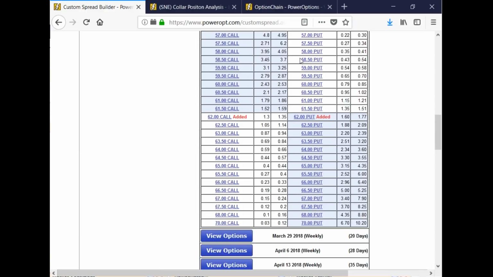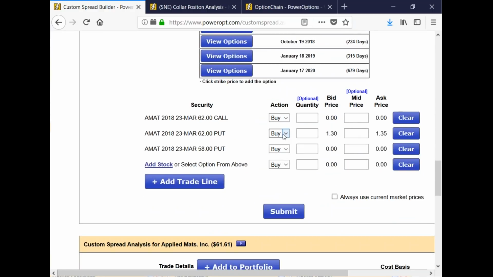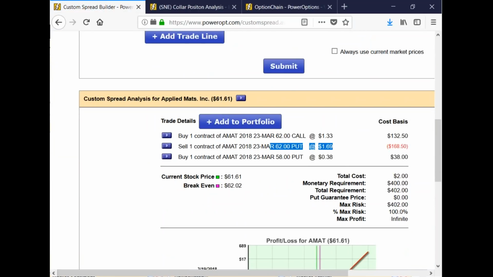And now I can buy a cheap, maybe 58 put. All right, what does that look like? Well, that's your synthetic. You buy a call, sell the put, same strike, same expiration, and you buy another put. Or you could look at this as a bull put credit spread 4 strikes apart for a net credit of 70 cents with an extra long call.